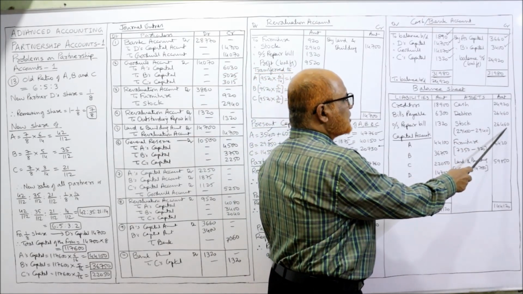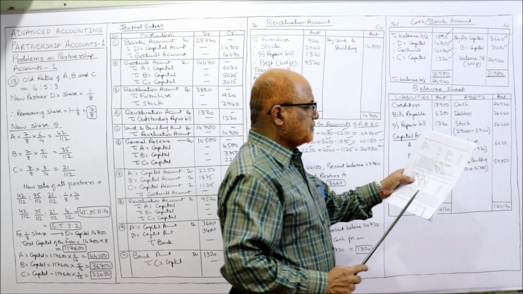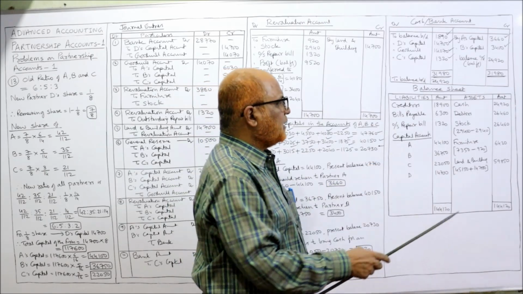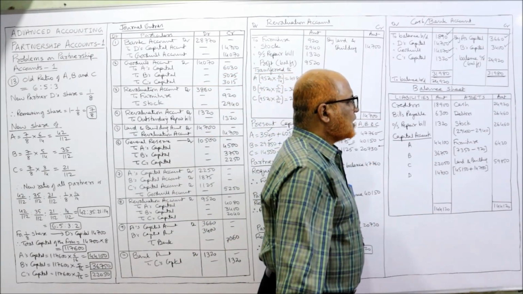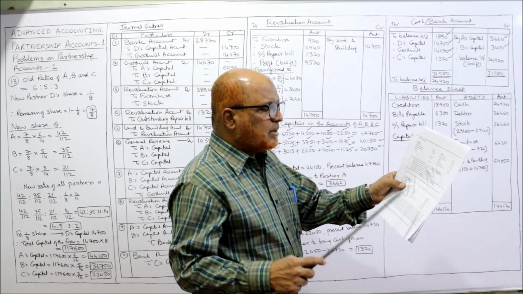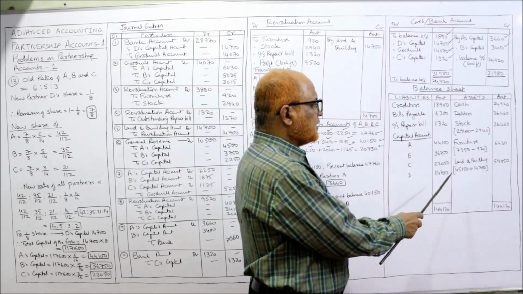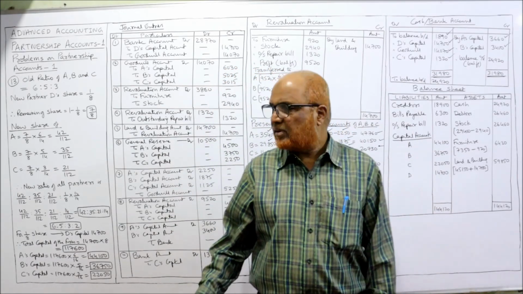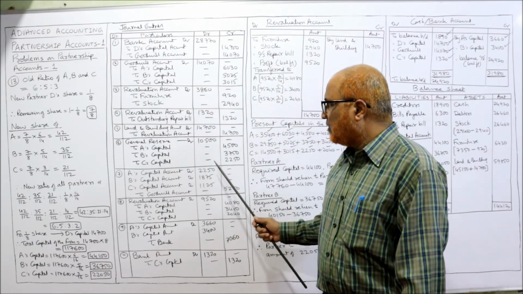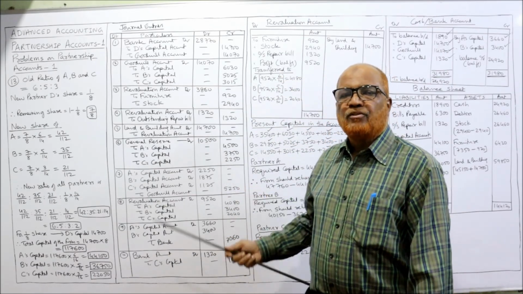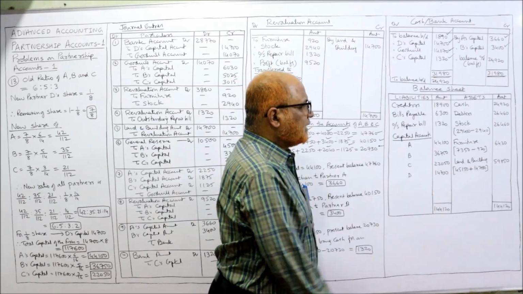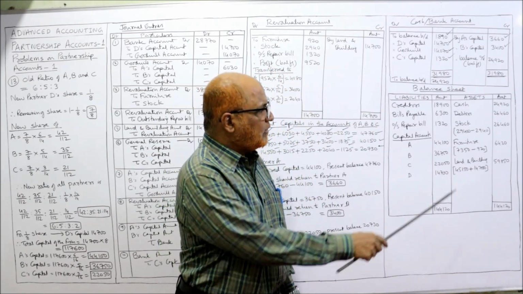Then furniture, 7,350 minus 920, 6,430. Land and building has been appreciated. So 45,150 plus 14,700 added gives 59,850, the new value of land and building.